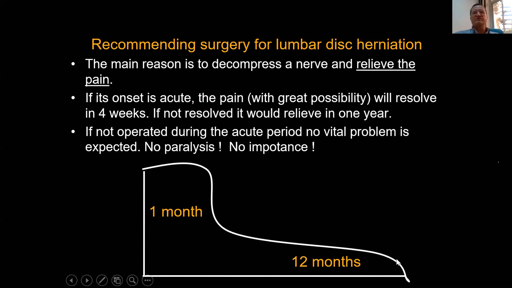But in 1 year, it will probably be mostly relieved, the pain, I mean. But if you say that if not operated, you'll be paralytic, or you'll get impotence, then the patient will accept the surgery. This is not true, but this is one of the most common mistakes that's been done.